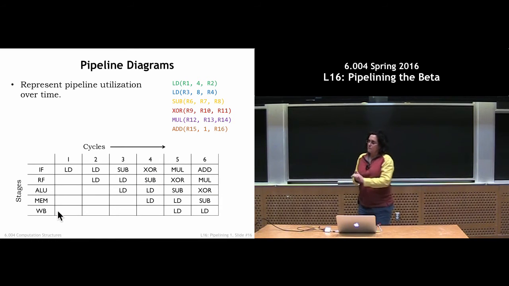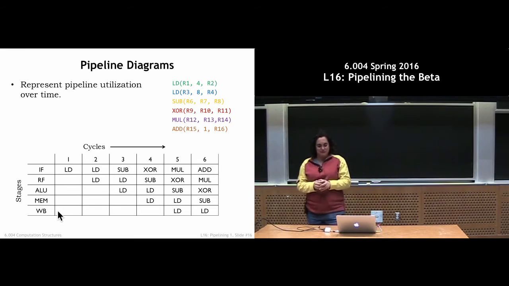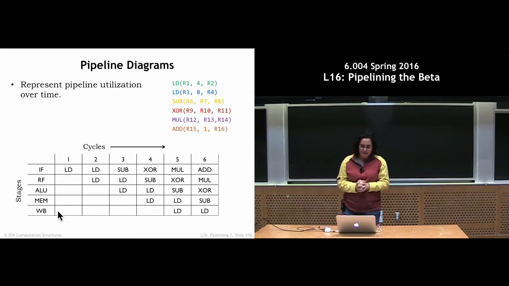Okay, so instead of drawing these fancy color diagrams, which can be very difficult to do, it's actually a lot easier to see what's going on in our pipeline beta using these pipeline diagrams. We actually saw this back a number of lectures ago when we first introduced pipelining. And the way that we're going to use these pipeline diagrams is as follows. Your rows are basically your pipeline stages, and your columns are your cycles.